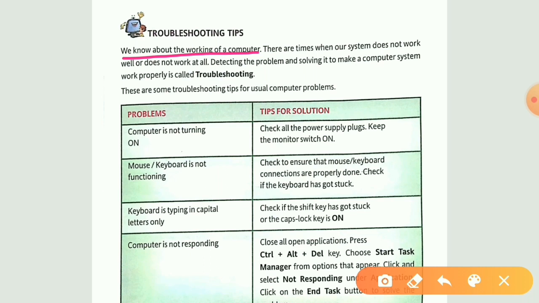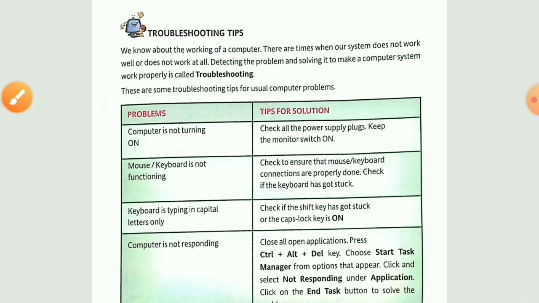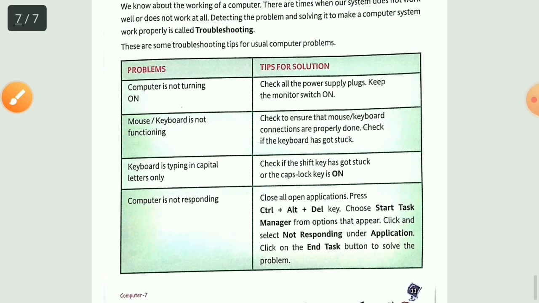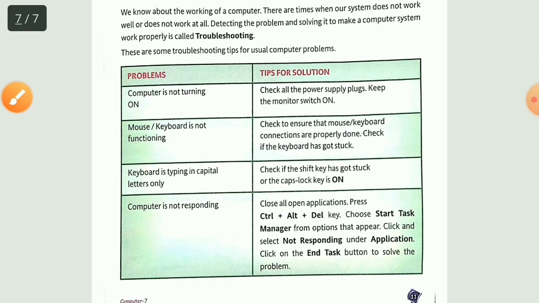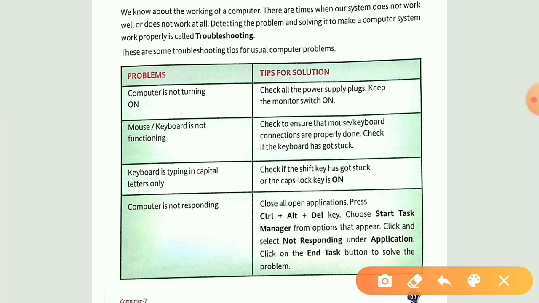Now see, here we have a chart with some common problems and common solutions. You must know these solutions so that you can operate a computer system properly. See these problems one by one. The first one: computer is not turning on. In case you are trying to turn on your computer and it is not turning on, see the solution.